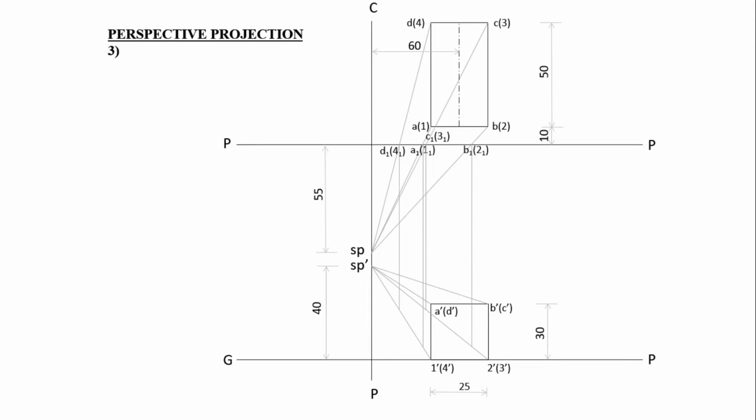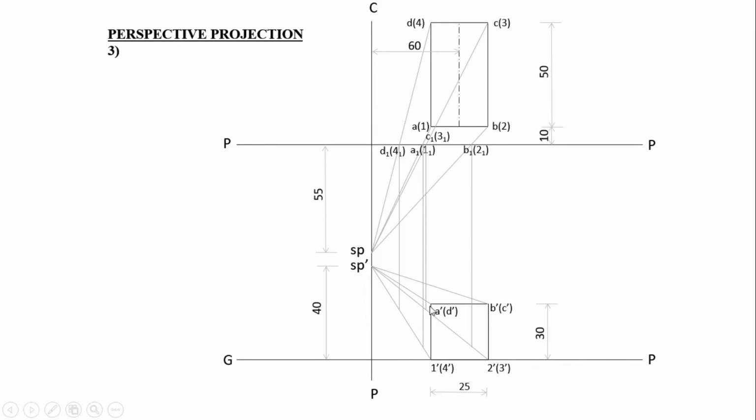Now from all these 4 points, which we obtained in the picture plane, we drop perpendicular lines to the corresponding visual rays in the front view. So from D and 4, if you drop vertical lines, it should intersect with the visual ray in the front view through 4 as well as D. This is for point D dash and this is point 4 dash.